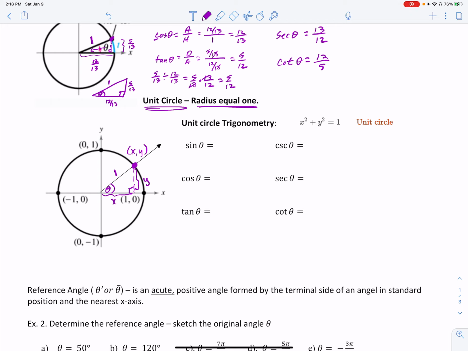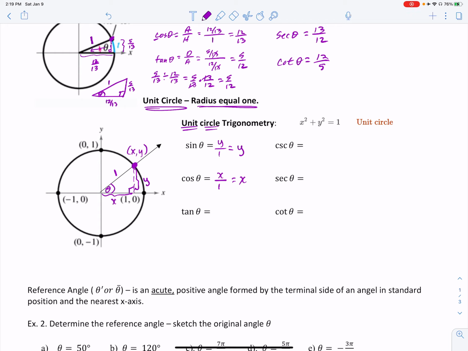So the sine of theta is y over 1. It's always over 1, so the sine of theta is just your y coordinate. Cosine of theta is your adjacent over your hypotenuse, but since the hypotenuse is always 1, cosine of theta is just x when you are on the unit circle.